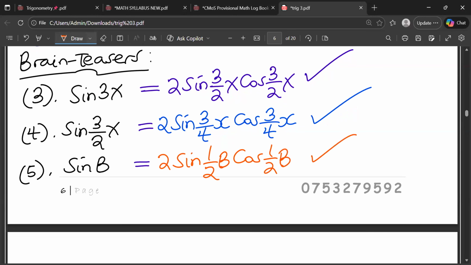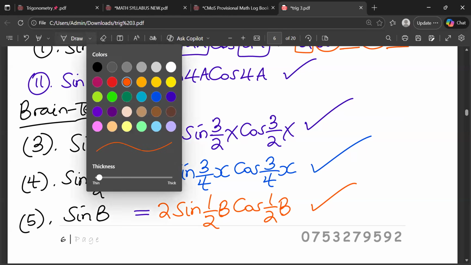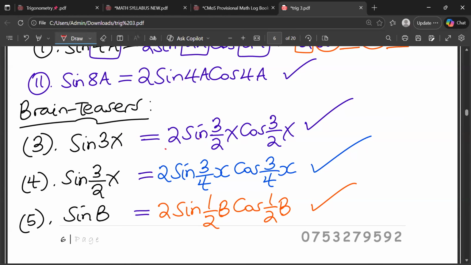So people, that is it. These things are not hard. So don't be those kinds of students who think that it is only 2a or 2x or 2b that is a double angle. No. Any angle can be. What you need to appreciate is that all we need to do is to have the angles. These things are constant. That is a constant.